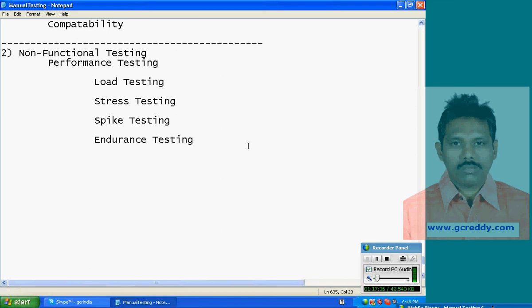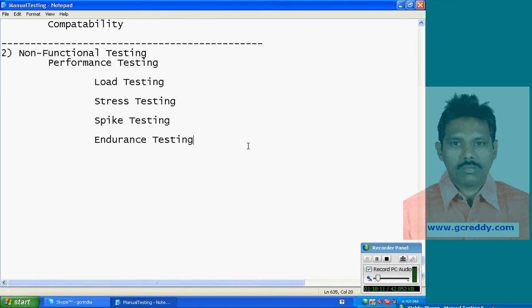Yes. Next, spike testing. What is spike testing? See, measuring a component or system's behavior under sudden changes, meaning sudden increments or decrements. Generally, we don't put 1,000 or 10,000 users load at a time.